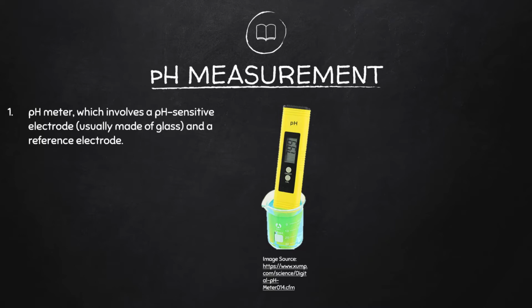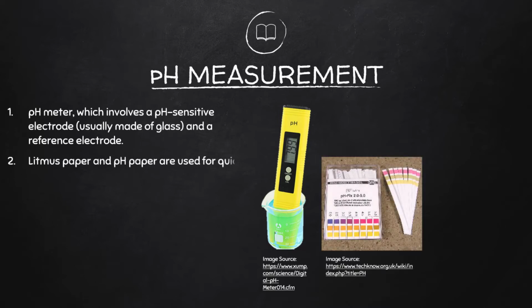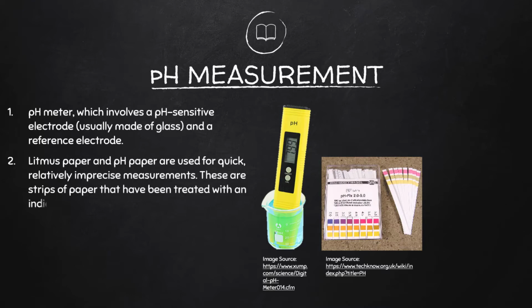We can also use litmus paper and pH paper for quick, relative, imprecise measurements. And these are strips of paper that have been treated with an indicator. We will submerge these strips into the water sample and then compare it with this table here in the figure.